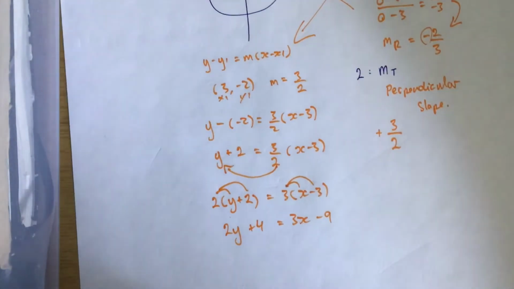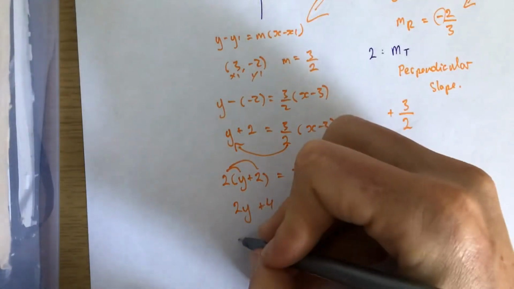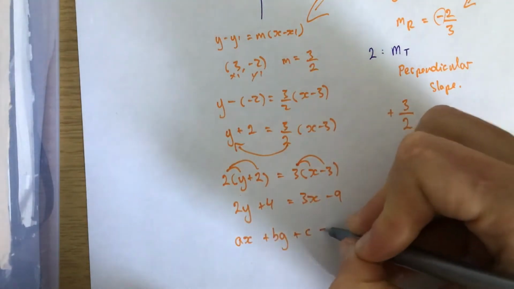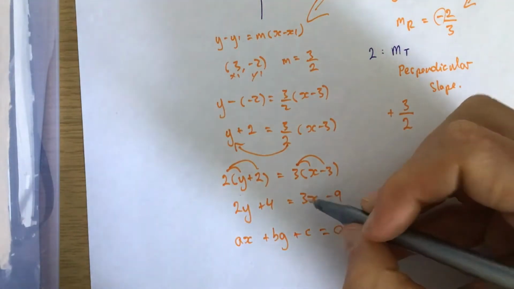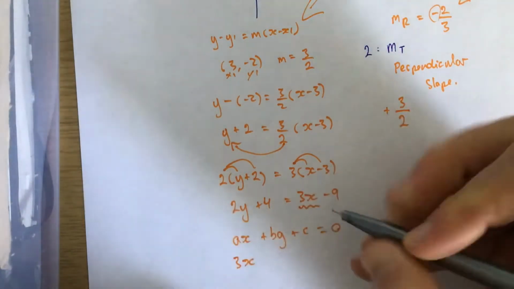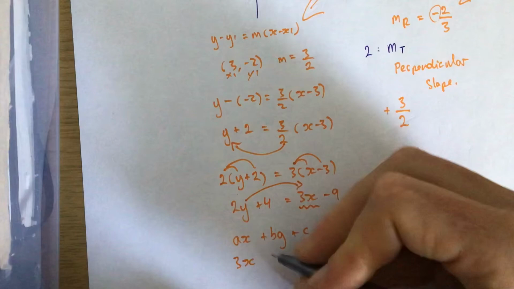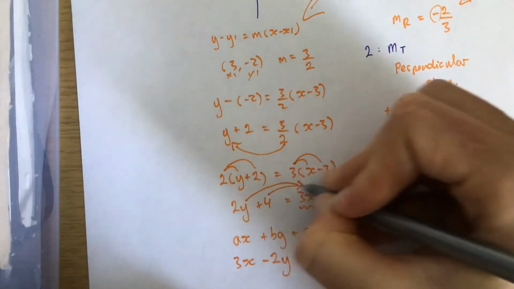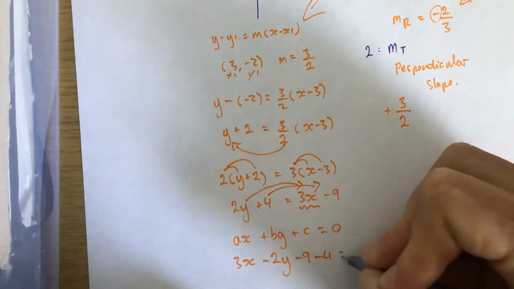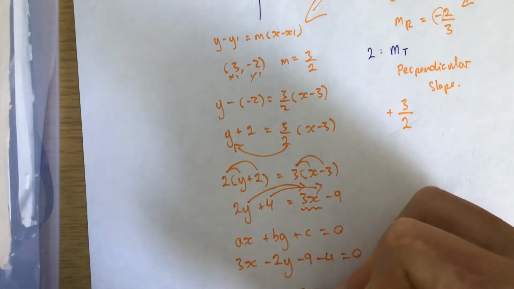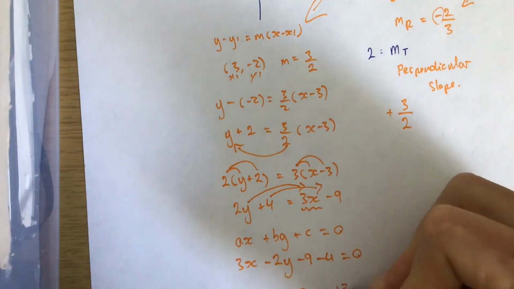Now we're going to give this in the form ax plus by plus c equals 0. So let's bring them all to this side, because we have 3x. This would come over, minus 2y, minus 9, minus 4 equals 0. And then you have 3x minus 2y minus 13 equals 0.